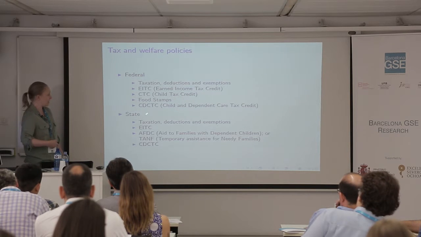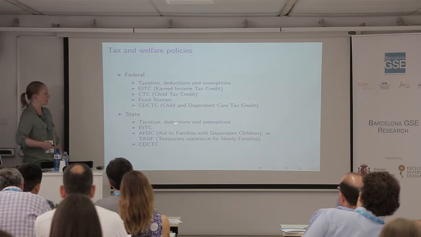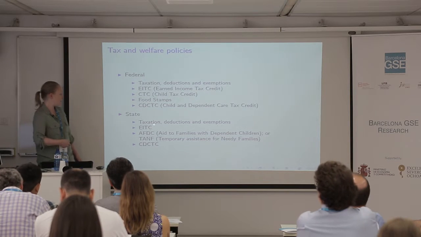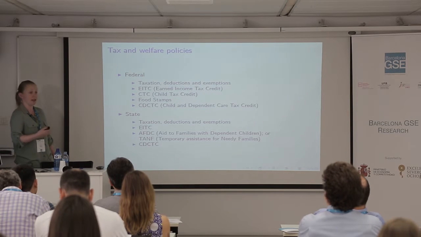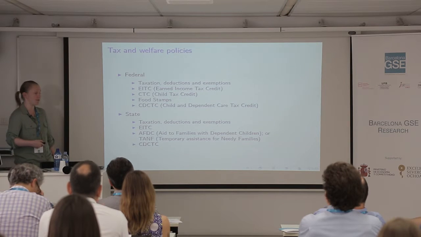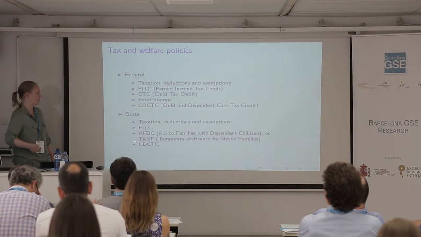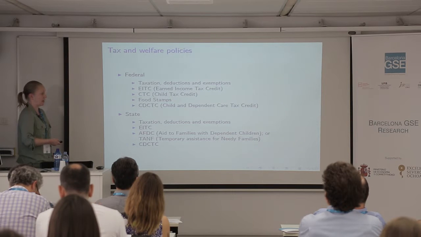And then at the state level, taxation, deductions and exemptions, the EITC, Aid to Families with Dependent Children, which in 1996 was replaced with Temporary Assistance for Needy Families, and also the state child and dependent care tax credit.